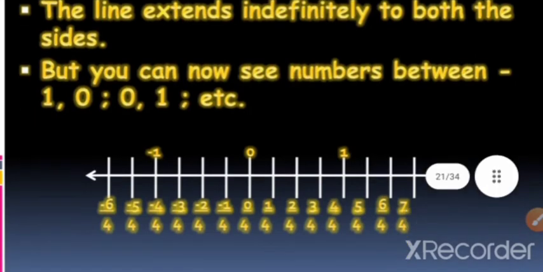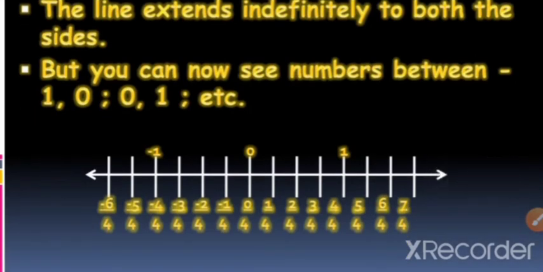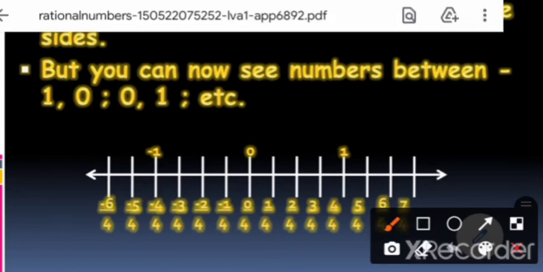Here is an example: -6/4 is a rational number. How do we represent -6/4 on the number line?